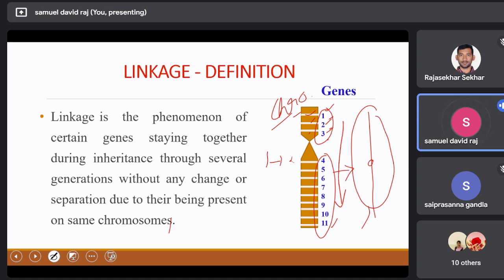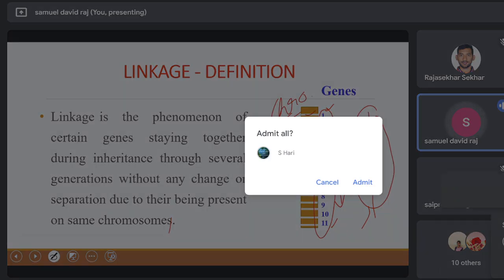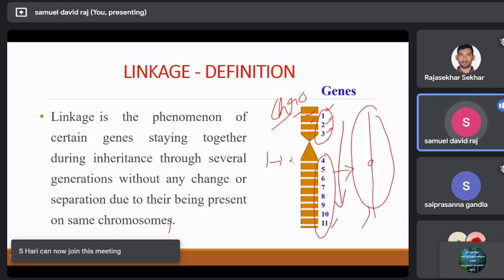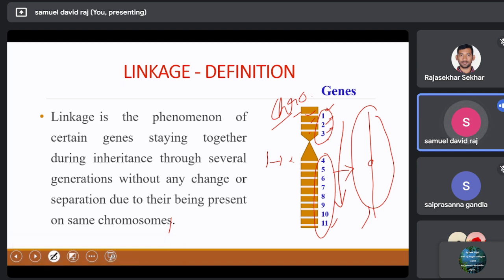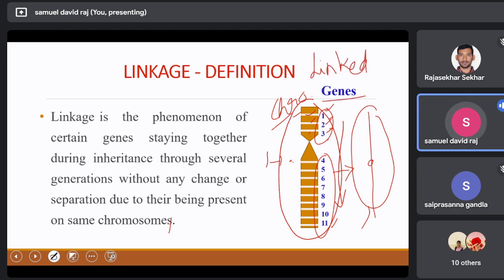And this process is called linkage, and all the genes present on the same chromosome are called linked genes.